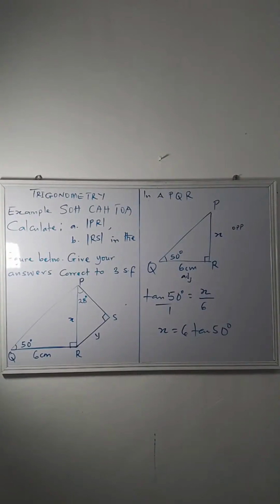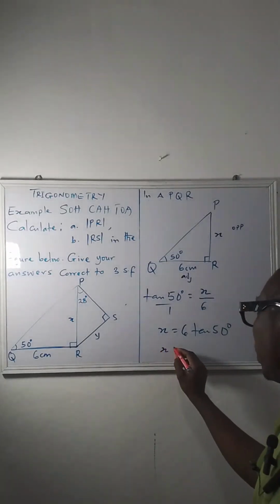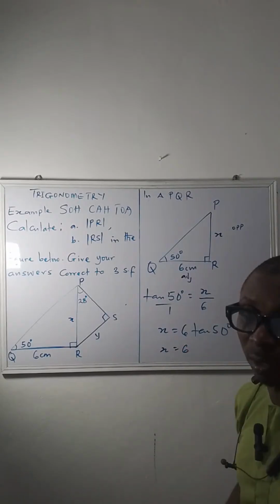I've said this before: if you are just joining the class, I ask you to get your four-figure table ready because you are going to look for all these functions for me. Now, this is tan 50. So I need you to check your four-figure table. What is the value of tan 50? It's not a special angle, so you can check that in your four-figure table, or better still, you can make use of your calculator to get what tan 50 is. Is anybody telling me what we have?